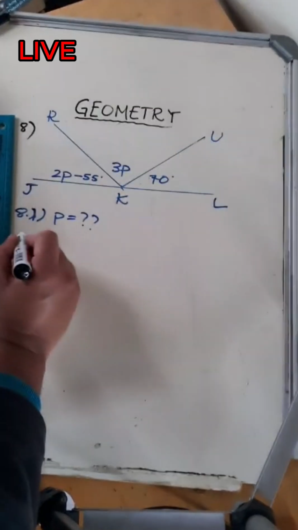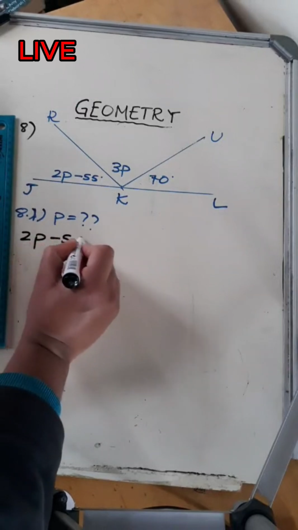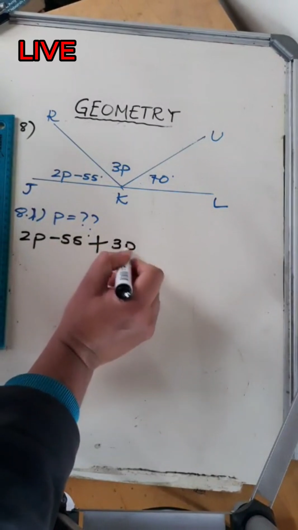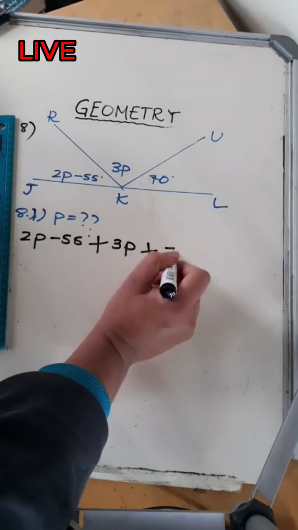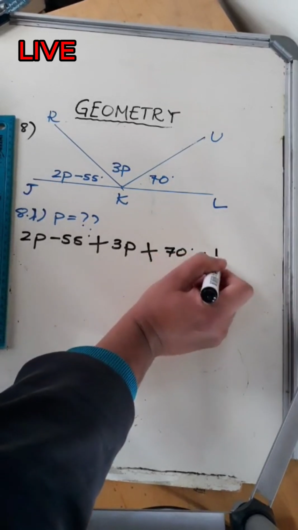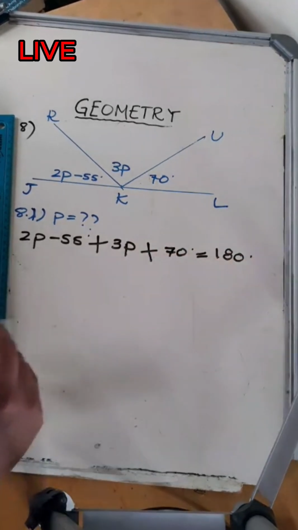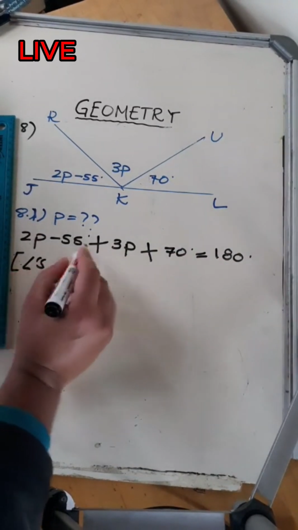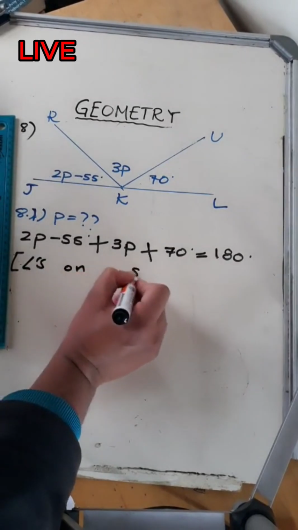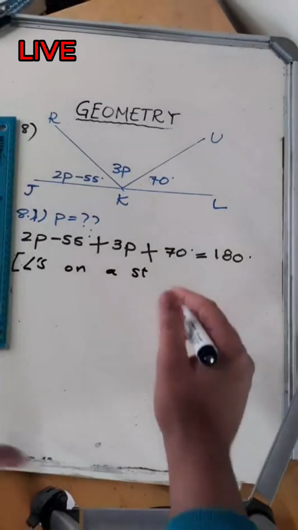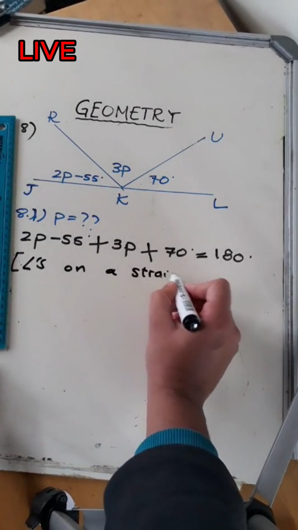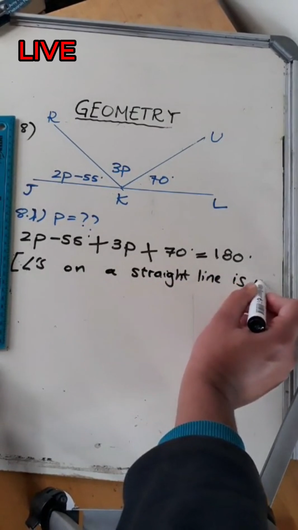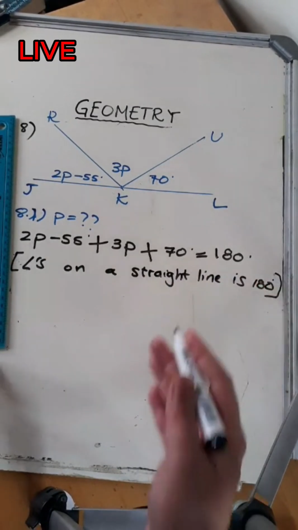So this angle, which is 2p minus 55 degrees, plus this 3p plus 70 degrees is equal to 180 degrees. Why did I do that? Because there's a theorem that says angles on a straight line is 180 degrees. Okay, that's the reason.